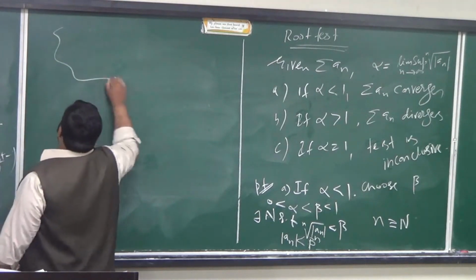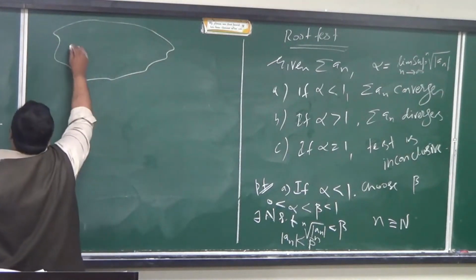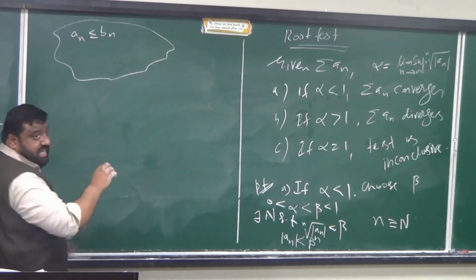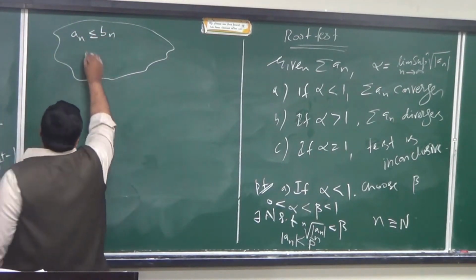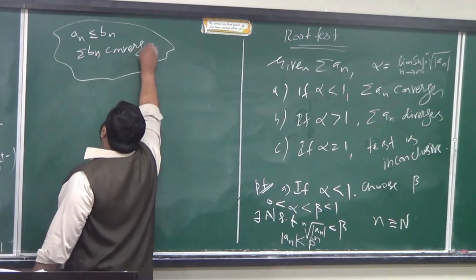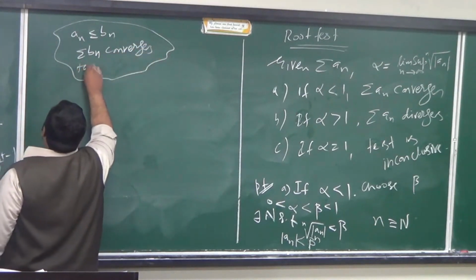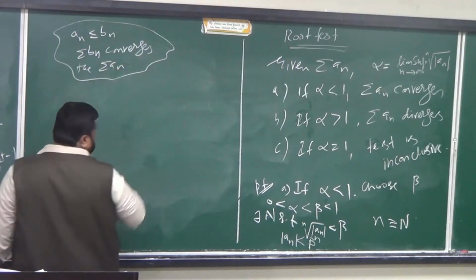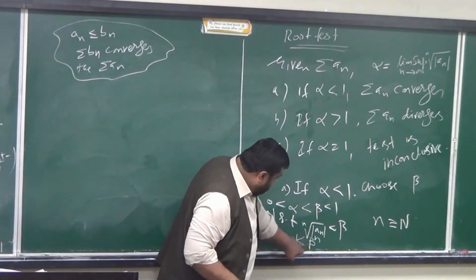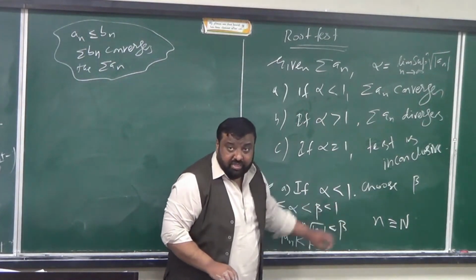What was the comparison test? You said that an is less than or equal to bn, and this sum of bn converges, then the sum of an converges. Agree? So now we are saying that the absolute value of an is less than beta to the n for all n bigger than or equal to 0.